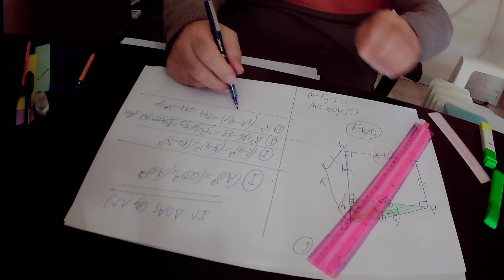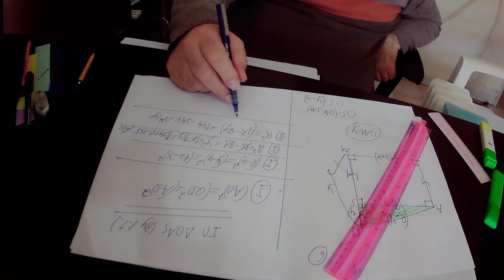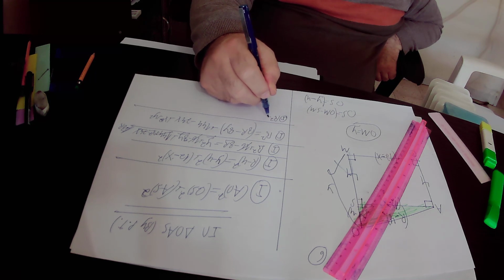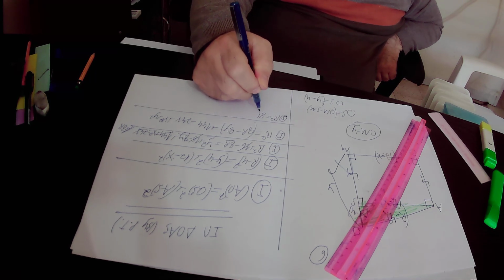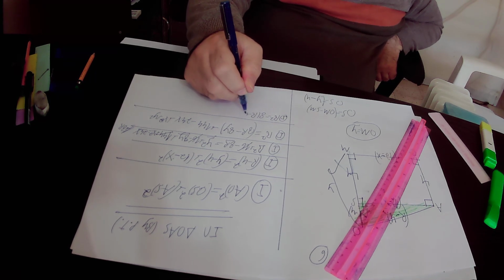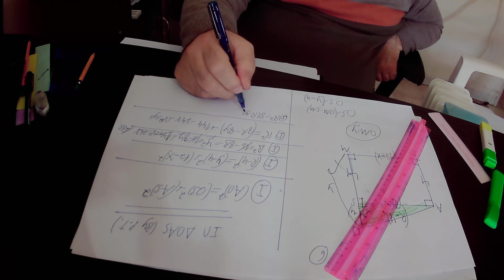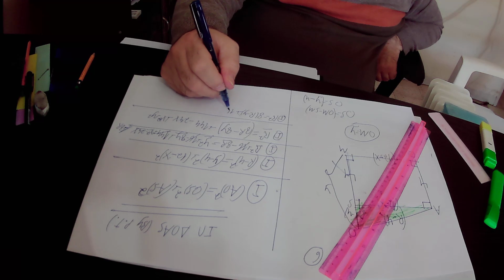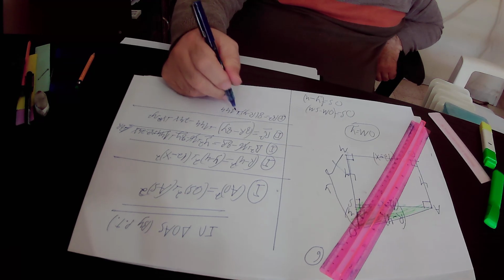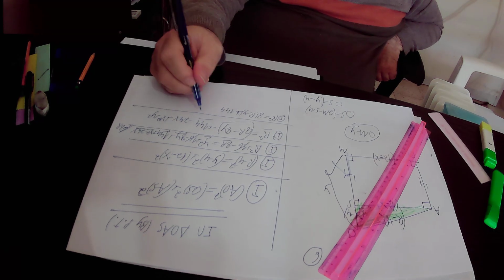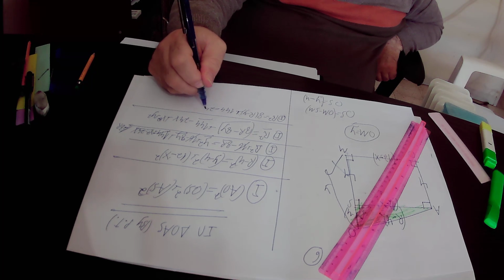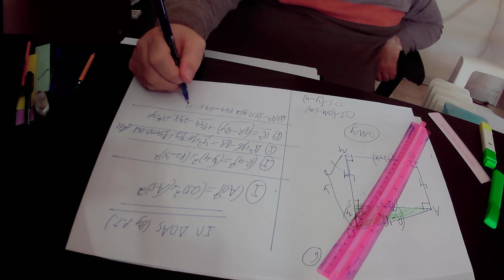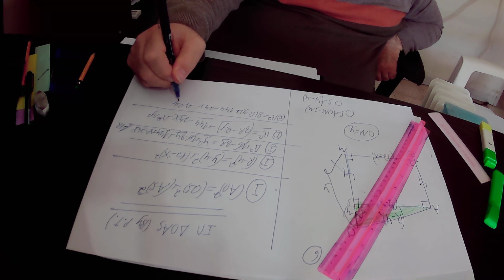Here we take a common factor of 8 out of those two expressions, and we will get that R squared is equal to 8, in the brackets we have R minus Y, plus 144 minus 24X plus X squared plus Y squared.